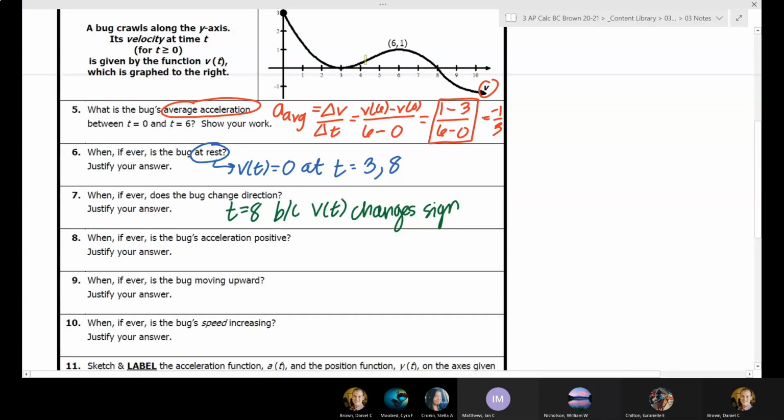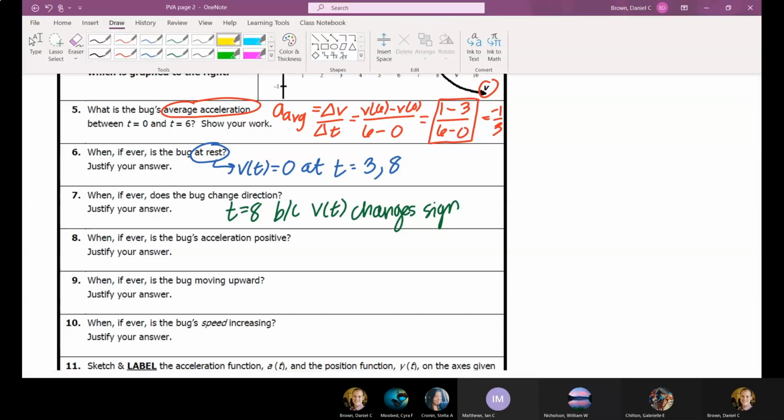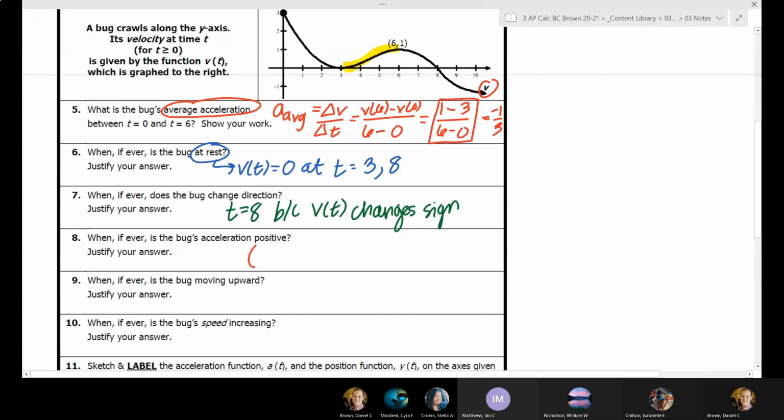Velocity is increasing on the interval from 3 to 6, because v of t is increasing. I like doing interval notation because to me it seems to be the easiest way to explain it.